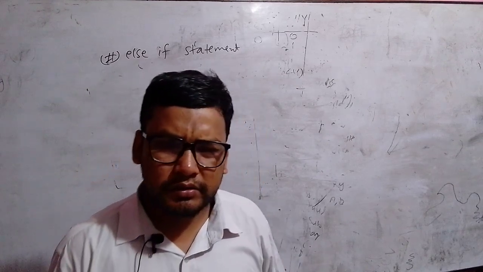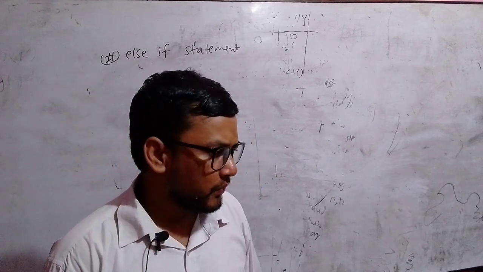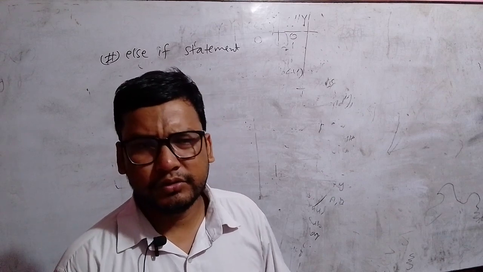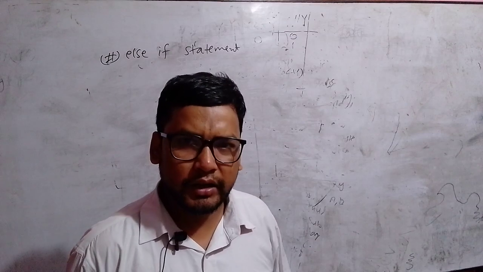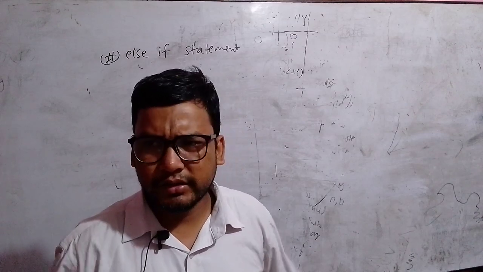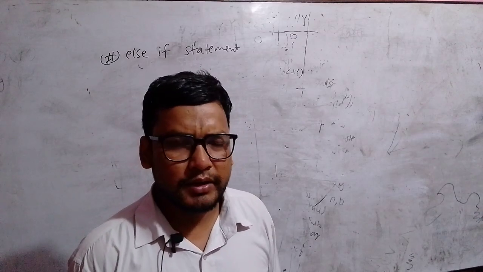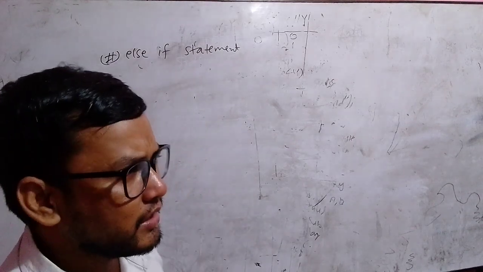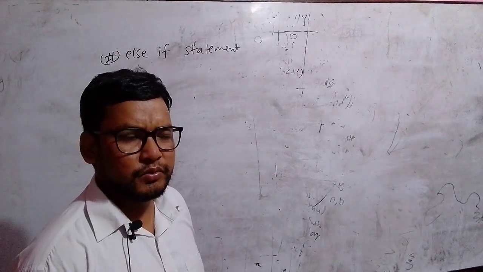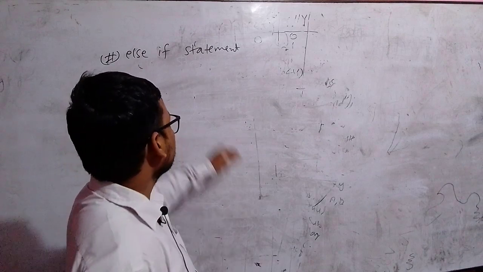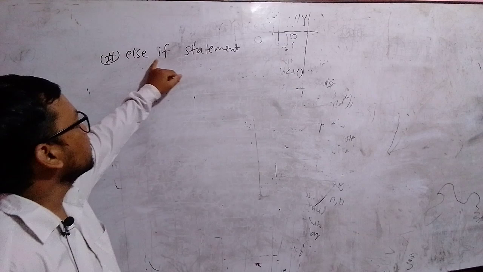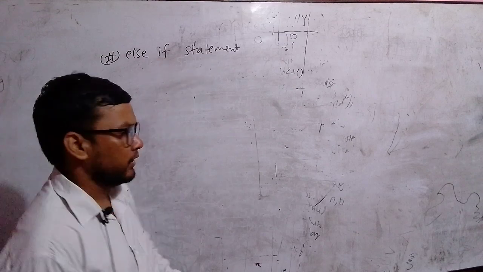But there could also be cases where we need to choose among multiple options. There could be multiple options like 4, 5, 6, 11, 10, and there could be multiple conditions 5, 6, 7 and so on. In that case, if there is more than one condition and more than two choices, we can apply the else if statement.